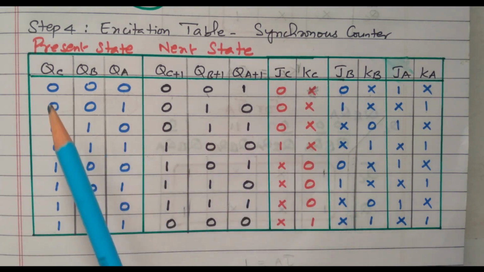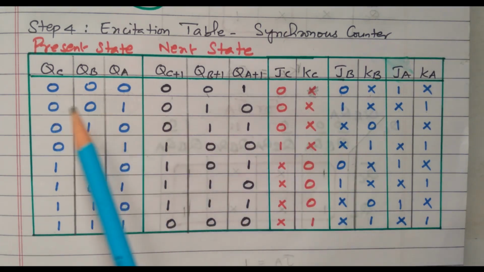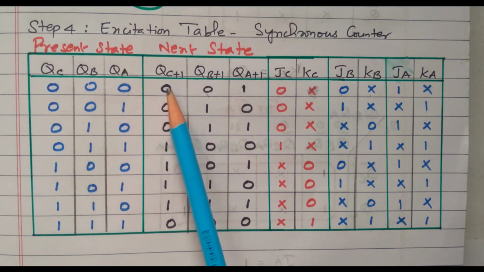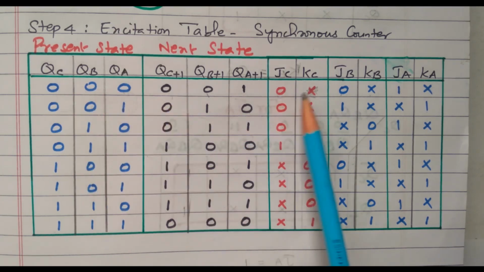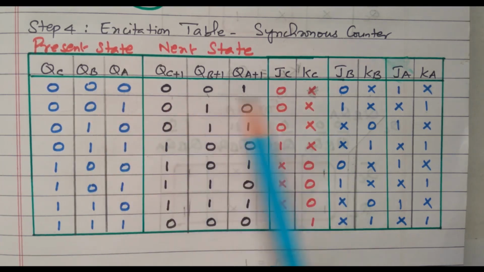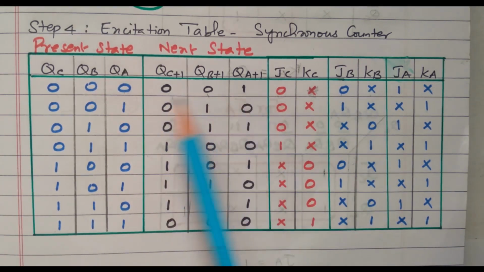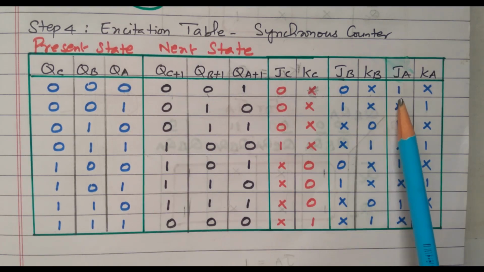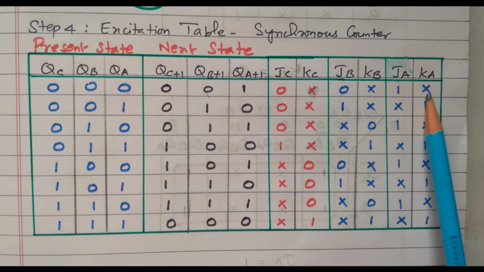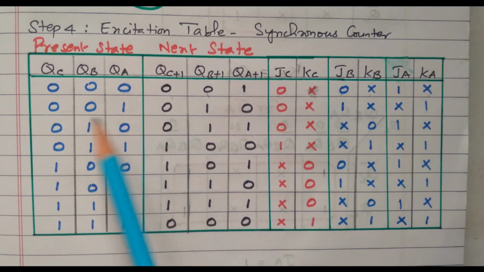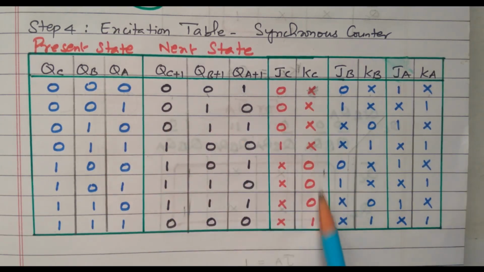I already explained one column, one example. 0 to 0 means the J and K will be 0 and X. 0 to 0 means again 0x. Suppose the current state is 0, next state is 1. We want to change 0, so the JK input will be J is 1 and K is 0 or 1, that is indicated by X. Similarly, we can write all the inputs from the excitation table.